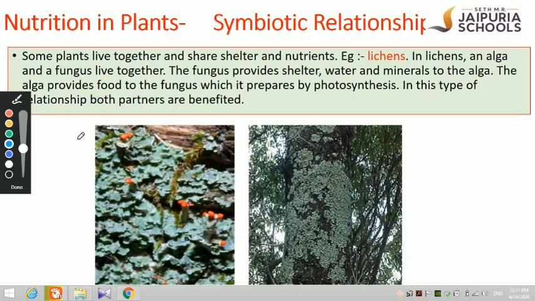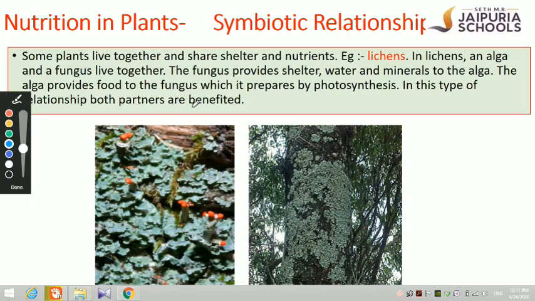What does the fungus do? It provides shelter, water and minerals to the algae. And the algae in turn provides food to the fungus, which it prepares by photosynthesis. So the algae prepares the food, and in turn the fungus provides shelter, water, minerals, etc. In this type of relationship, what is important?